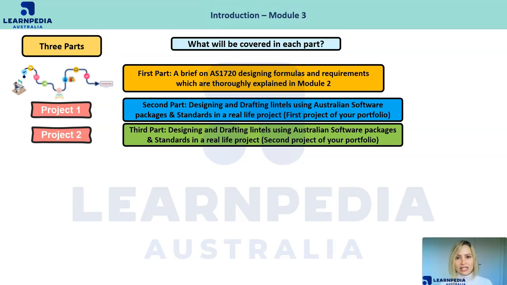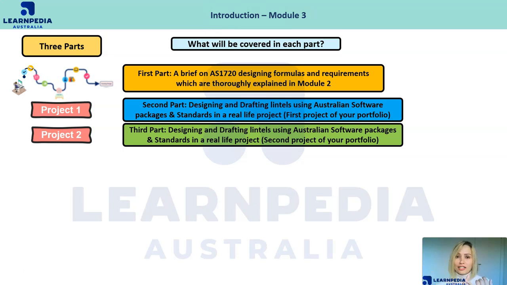The second round is designing and drafting lintels using Australian software packages and standards in a real-life project, which is the first project of your portfolio. So we go through the steps, the path together, and at the same time we work on project 1.